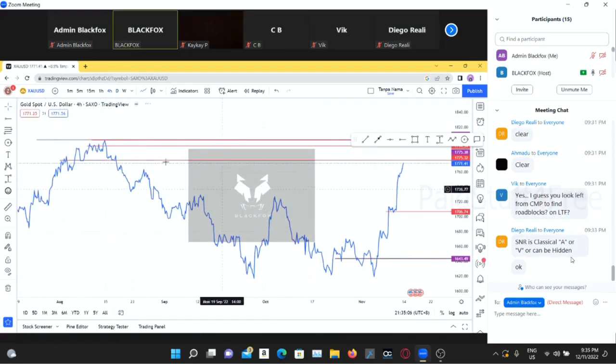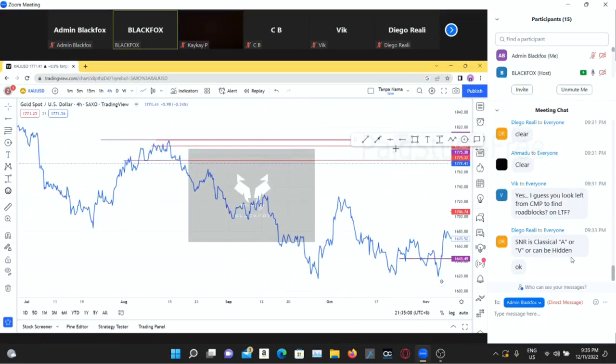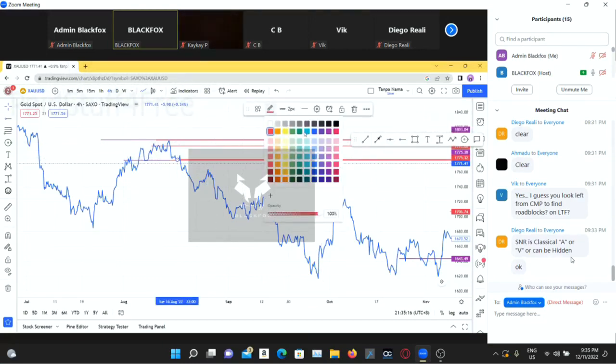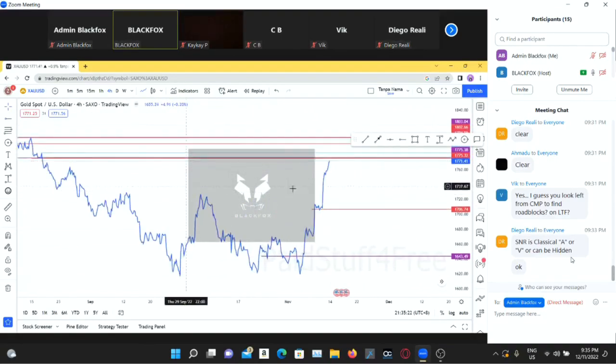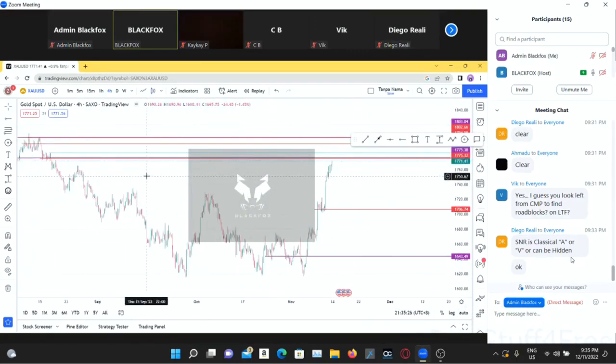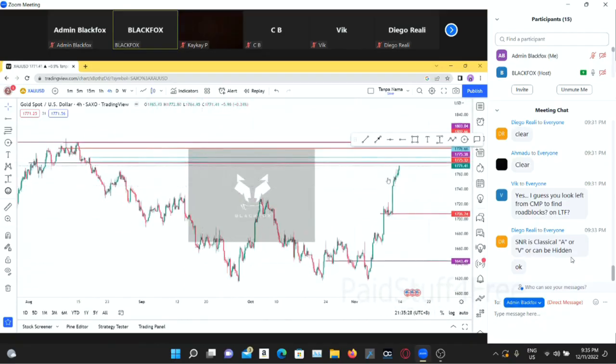So what we have right here, H4 QM, I will change to blue color. Okay, and then this one H4 resistance.